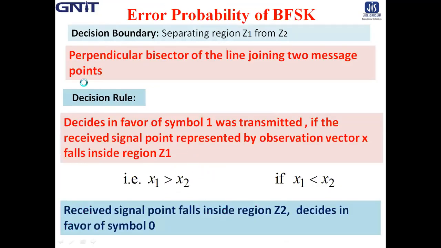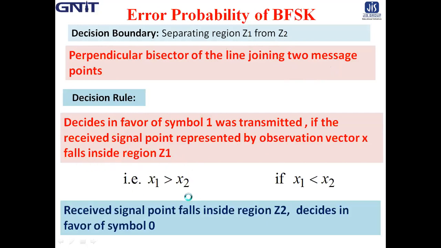It is written here, the decision boundary separating region Z1 and Z2 is a perpendicular bisector of the line joining the two message points. Now this is the decision rule. The receiver decides in favor of symbol 1 if the received signal point represented by the observation vector x falls inside region Z1.